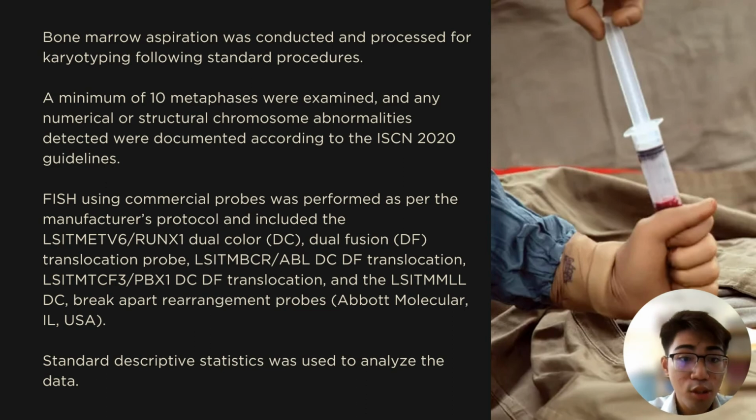FISH using commercial probes was performed as per the manufacturer's protocol and included the dual color, dual fusion, translocation, and rearrangement probes. Standard descriptive statistics were used to analyze the data, and the categorized data were expressed as both number and percentage.